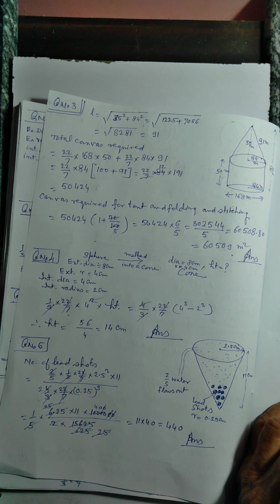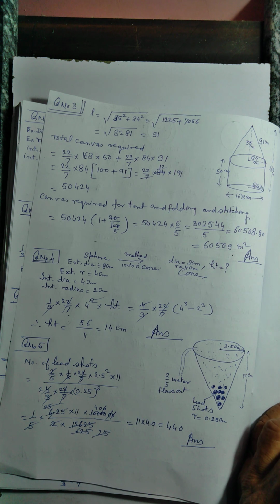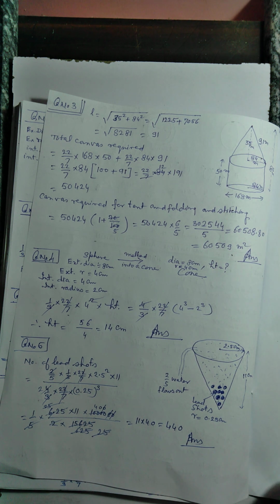The height of the tent above the ground is 85 meter and the height of the cylindrical part is 50 meter. If the diameter of the base is 168 meter, find the quantity of canvas required to make the tent. Allow 20% extra for folds and stitching. Give your answer to the nearest square meter.